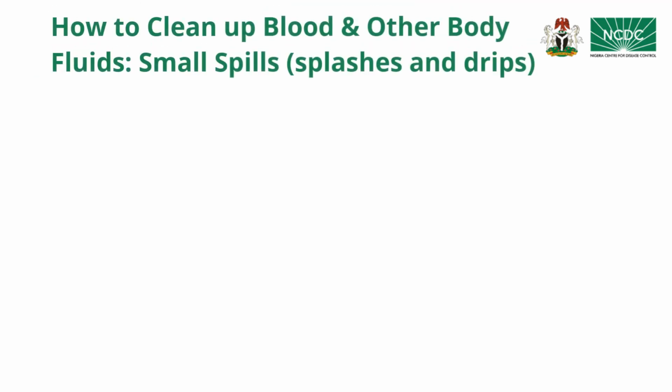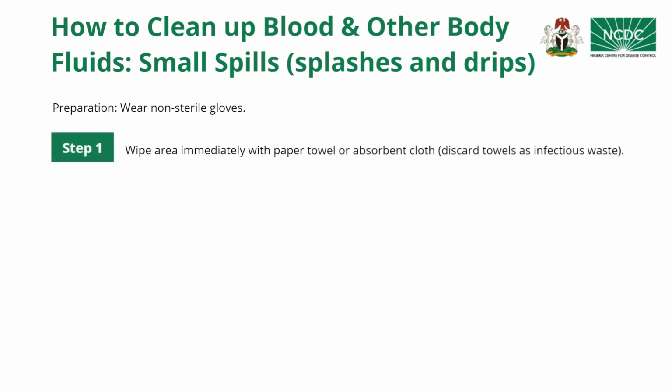The following steps should be followed when cleaning up small spills of blood and other body fluids. Prepare by wearing non-sterile gloves. Wipe the area immediately with a paper towel or absorbent cloth. The towels should be discarded as infectious waste.